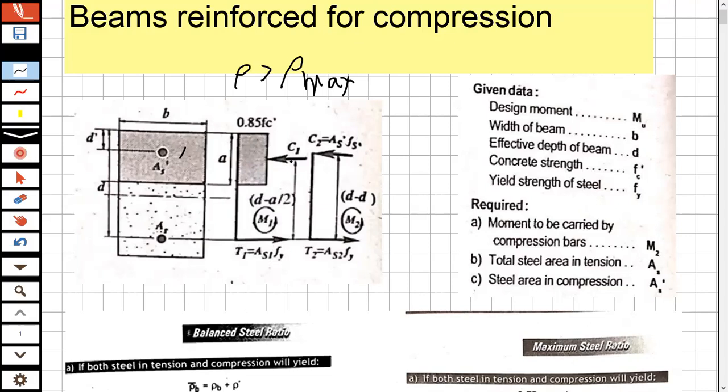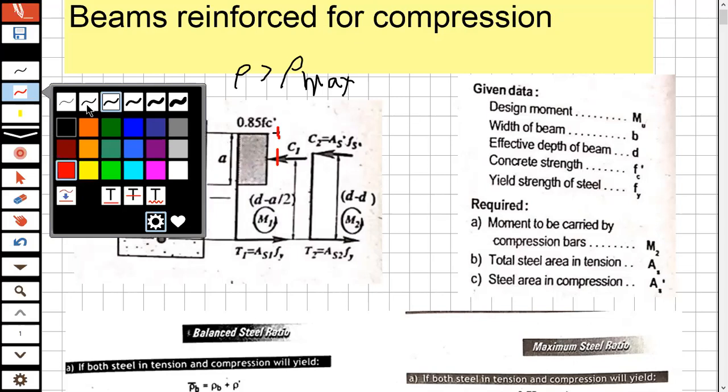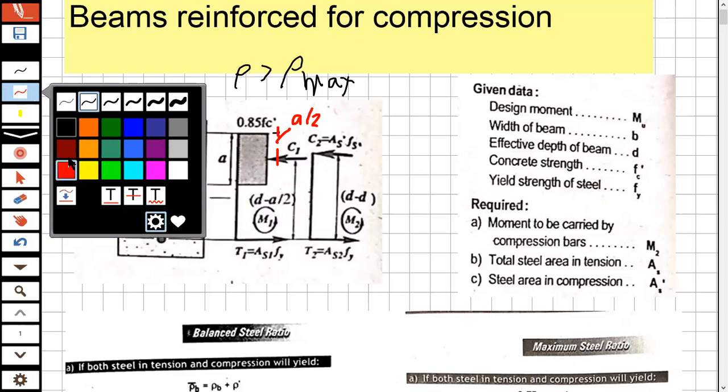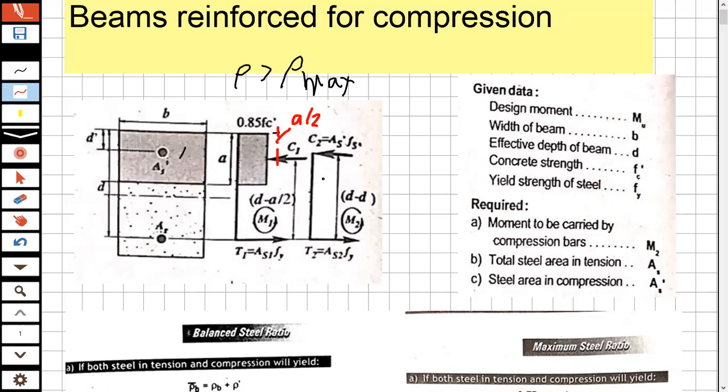Okay, so you have here the depth of the compression block, and then you have here, of course, our distance from here is a over 2. This one is a over 2. Okay, so this one becomes d minus a over 2.